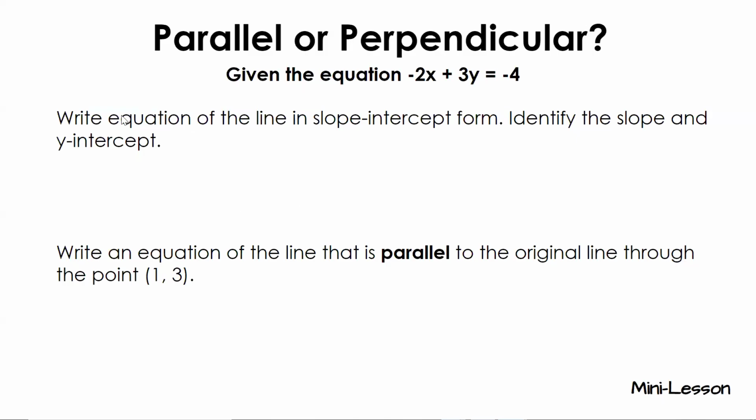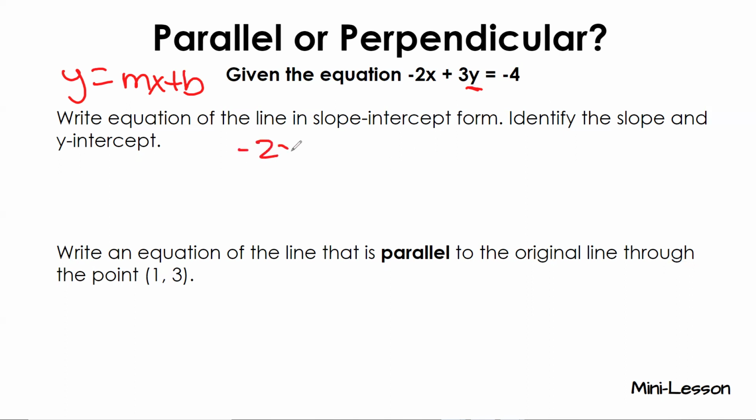This says, write the equation of the line in slope-intercept form. Identify the slope and the y-intercept. So again, back to our equation, we're trying to write this equation into y equals mx plus b. We're going to move the x to the other side and get the y by itself.